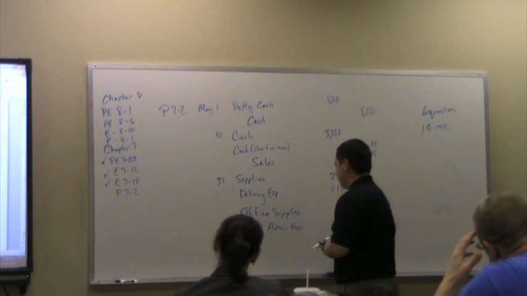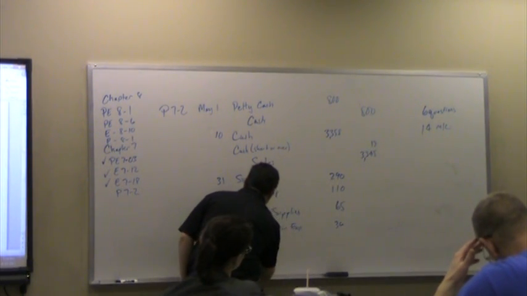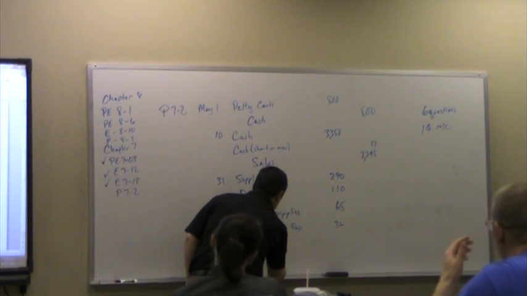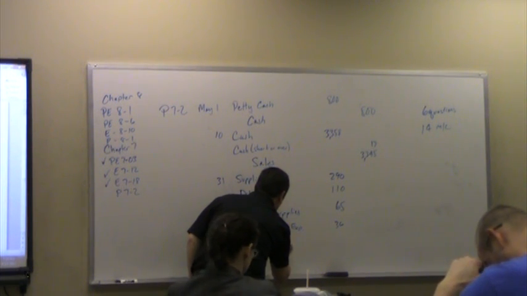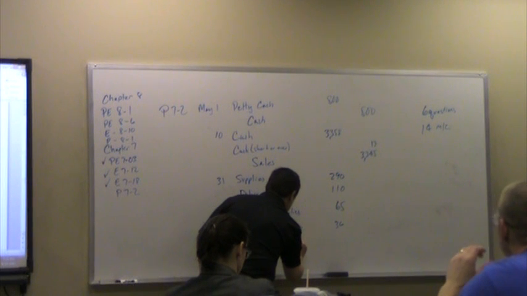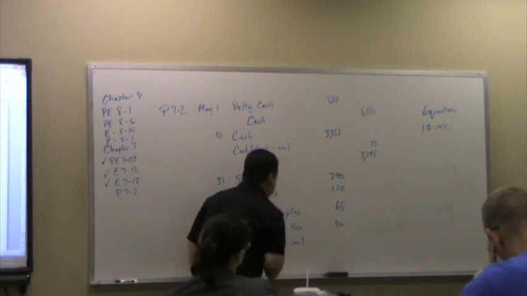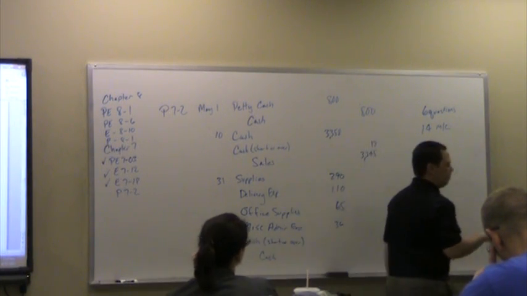Then the last one. Now what we're going to have here is cash short or over. Because then we have cash. We allocate. How much was the cash that we said at the end of the problem?